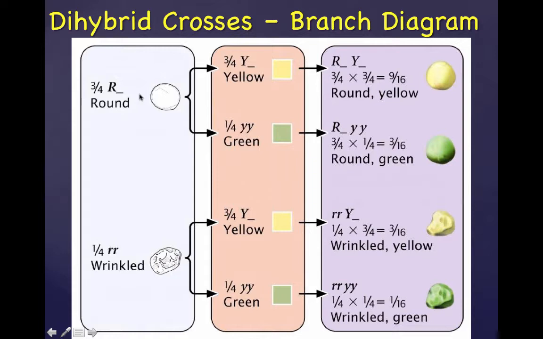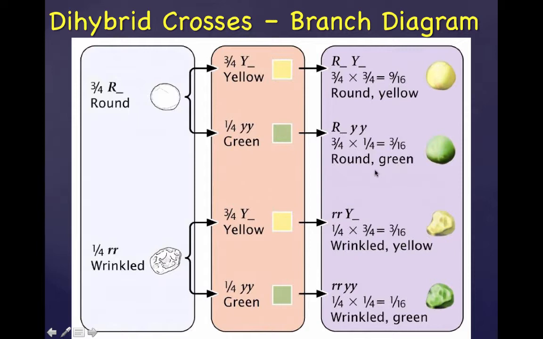So we know that if we have a round individual, they can either have a 3/4 chance of being yellow or a 1/4 chance of being green. So we end up multiplying across in this branch diagram to get our 9/16 or 9 out of 16 individuals that are going to be round for seed shape and yellow in seed color.